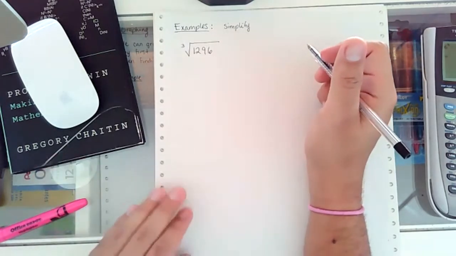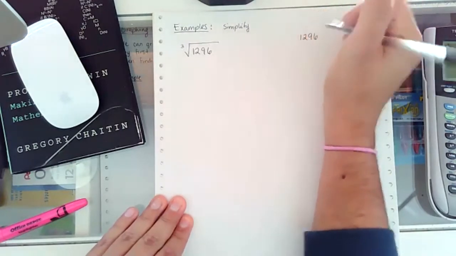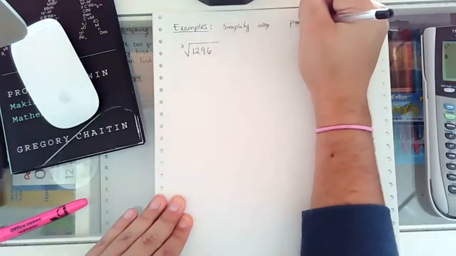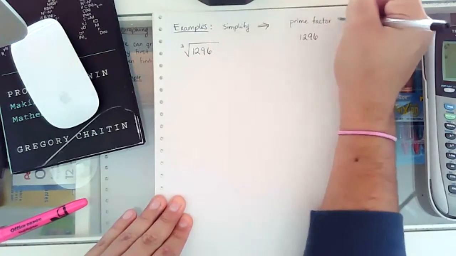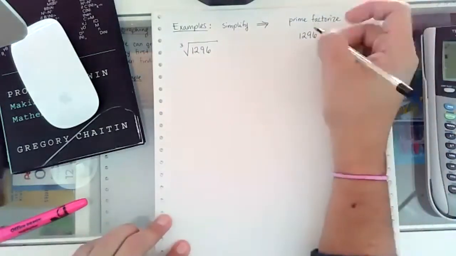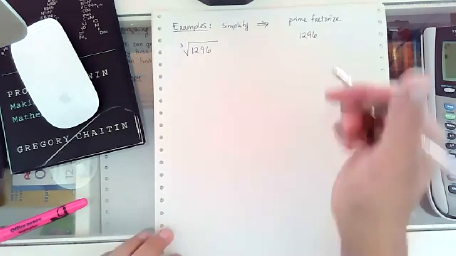Well, one way we can do this is just examine 1296, and what I would say is prime factor it. Prime factorize. So what I mean is build a factor tree. So we're going to see if we can write this as the product of numbers that are raised to powers, because we're trying to cancel out powers.